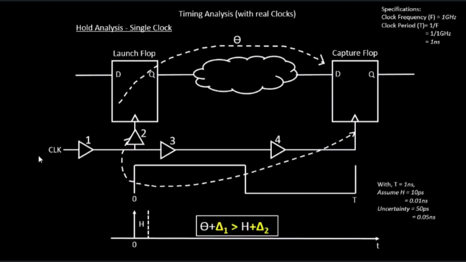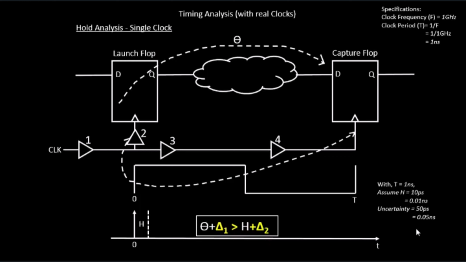So a PLL which is supplying a clock for the launch flop is sending the same edge to the launch flop and the capture flop. So the uncertainties and the jitter will be the same for both the clock edges reaching at this point and this point, because they are essentially the same. Hence the uncertainty value is kept a bit low here as compared to the setup time analysis, where the uncertainty was close to 90 to 100 picoseconds or even more.